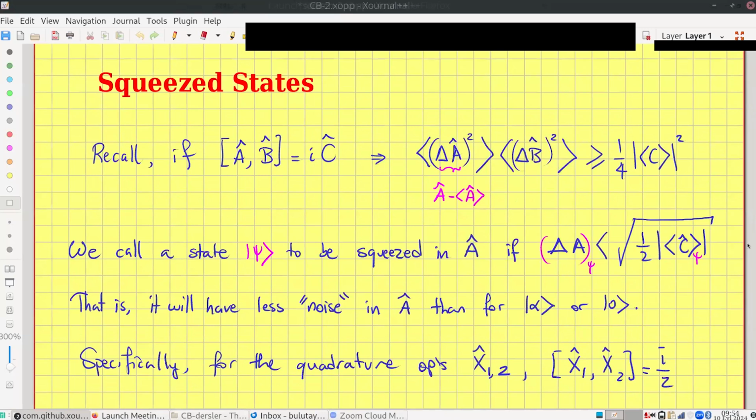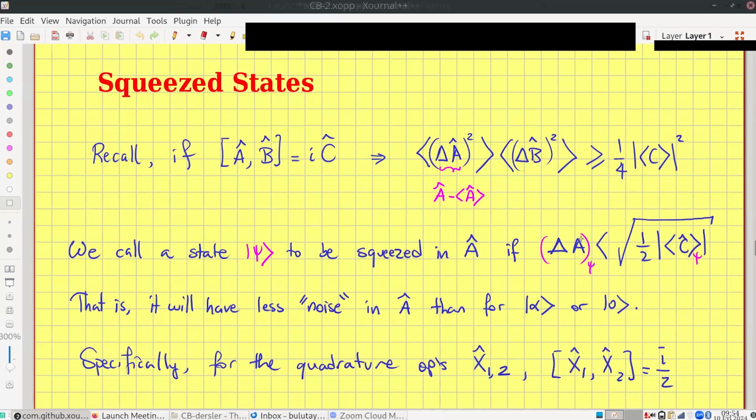So to repeat, if you have two observables like quadratures, phase quadratures x1, x2, and if they do not commute, then their simultaneous measurements are under this Heisenberg uncertainty relation.